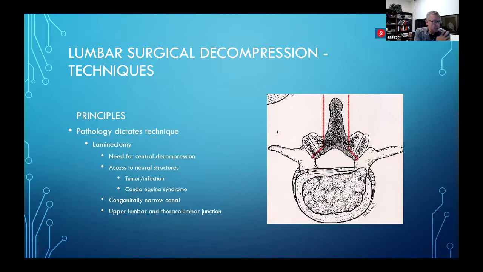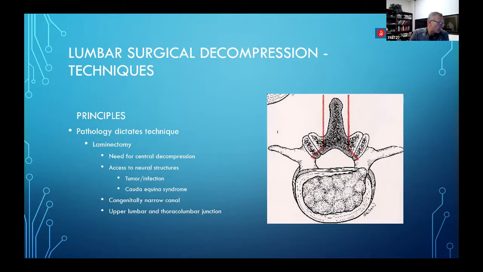Most commonly, we're still going to do a laminectomy in a congenitally narrow canal, when you have to do decompression for tumor, and wide decompression. You have somebody that comes in with a very large disc herniation or some other cause of cauda equina compression, where you really have to achieve effective decompression of the entire neural canal and all the neural elements.